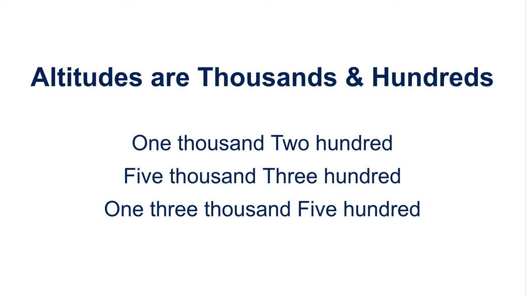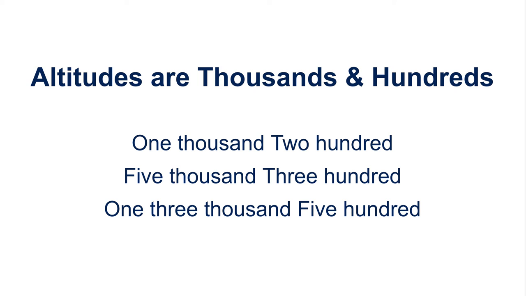Another expectation relates to communicating altitudes. When you are below 18,000 feet, you will read back altitudes in thousands and hundreds. You can see some examples here. If we're flying at 1,200 feet above the ground, you would say 1,200.